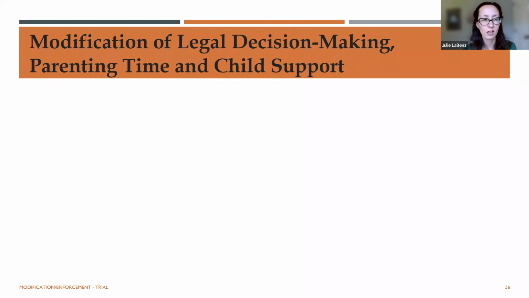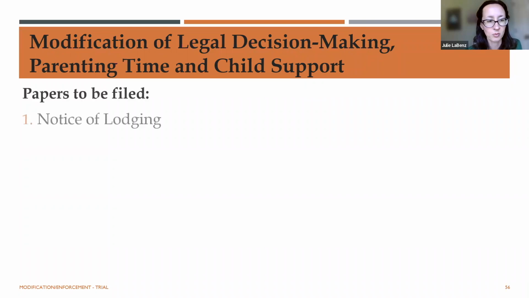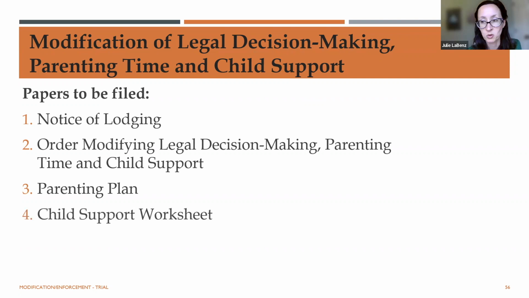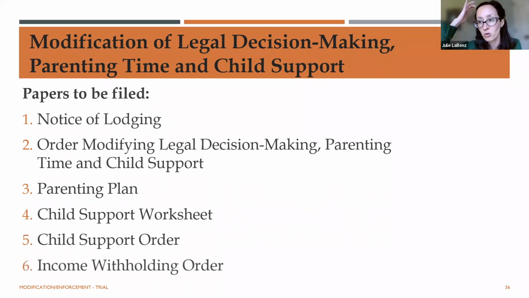Okay, if you have a modification of legal decision-making, parenting time, and child support case, then the following papers are going to need to be filed post-trial if the judge has ordered you to lodge a proposed order. There's the notice of lodging, the order modifying, the parenting plan that has the terms of the modified parenting plan, the child support worksheet with the modified amount of child support, the child support order that has the modified amount of child support, and then the income withholding order.